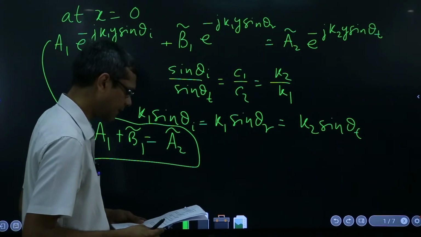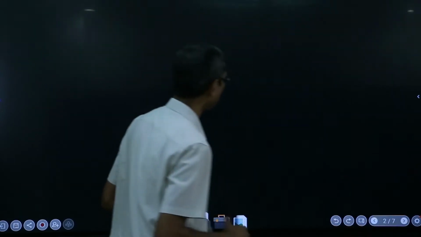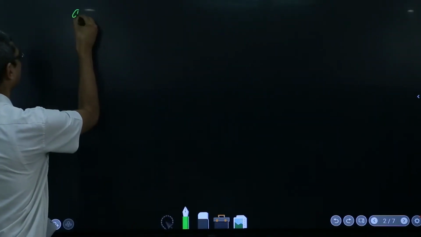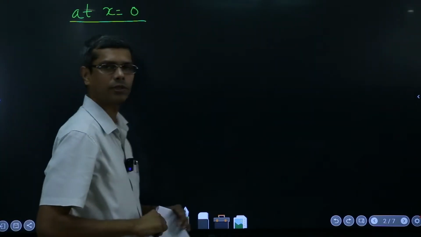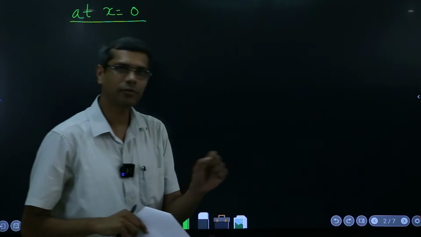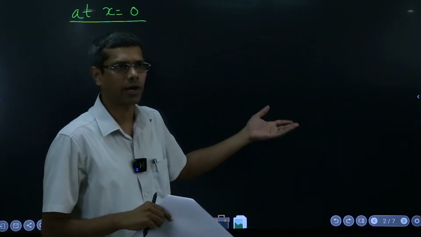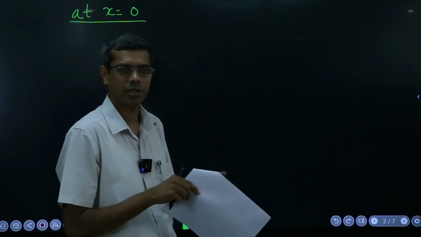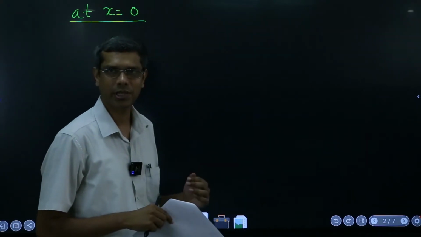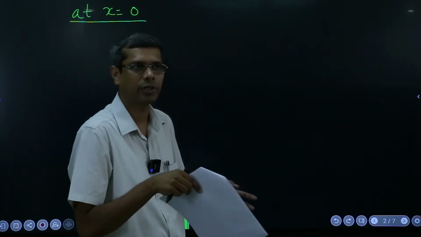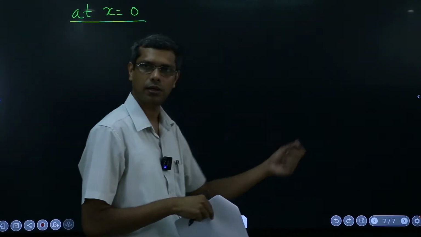So, now that is the pressure balance equation, and we can go now to, again at x is equal to 0, we will have the continuity of the normal velocity, because in the y direction that continuity is not required, because there can be slippage, but in the x direction it has to be same, because otherwise there will be a gap between the fluids. Because that cannot happen, there will be continuity in the x direction.